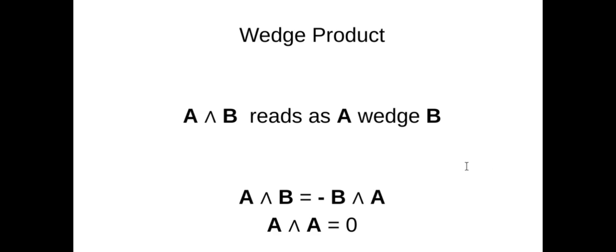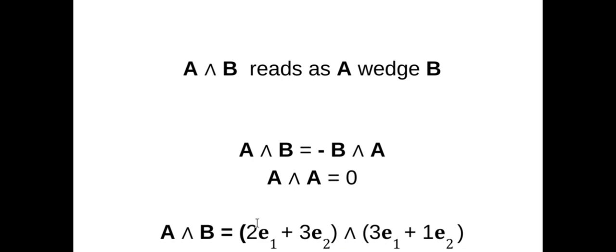So those two vectors that I just drew on the graphing software were 2E1 plus 3E2. We're going to wedge that with 3E1 plus 1E2.